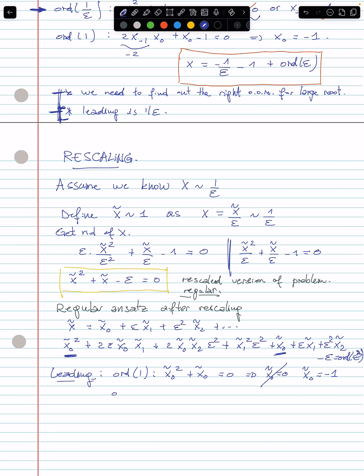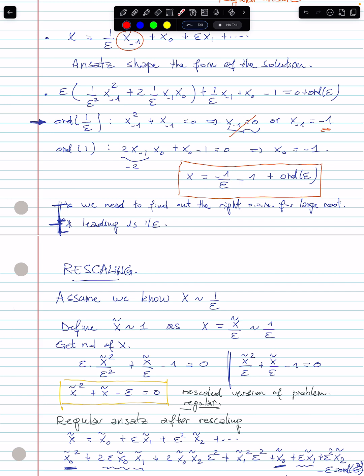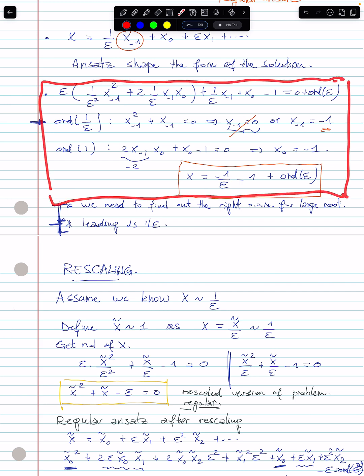Then at the next order, we end up with 2 x0 x1 coming from here plus x1 tilde coming from there is equal to 0, which means that x1 is equal to -1, and so on, because we see we recover exactly the same things and same equations as we already had before.